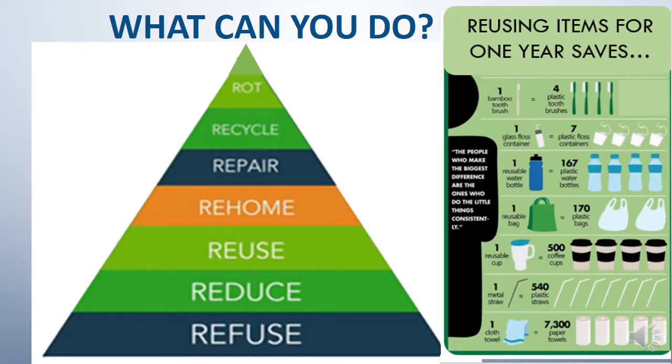And one reusable shopping bag equals 170 plastic bags that people use every year. Remember the stainless steel straw that I talked to you about? Well, using one metal straw for a year can save 540 plastic straws from ending up in our oceans.